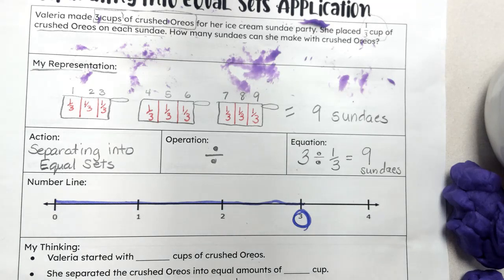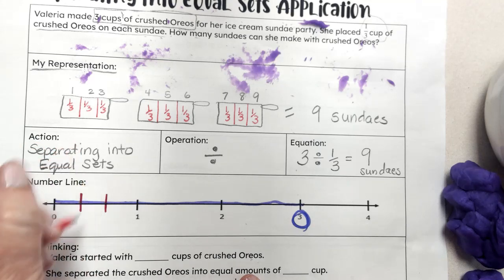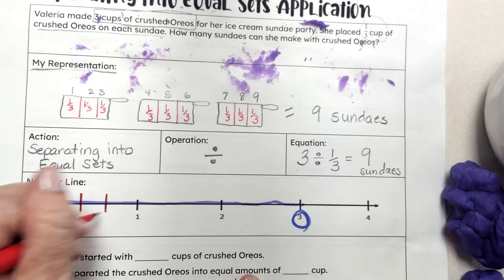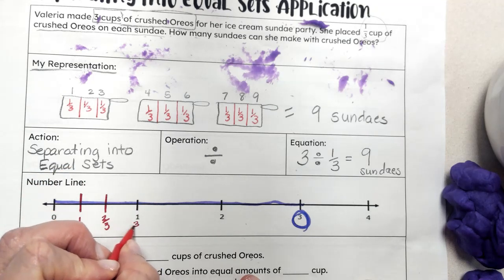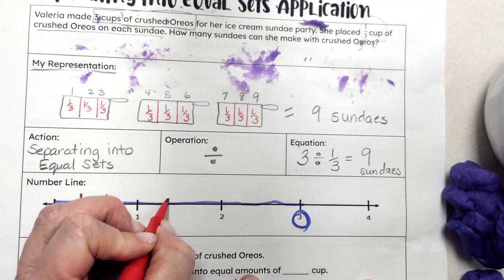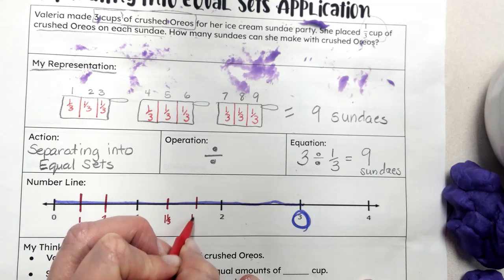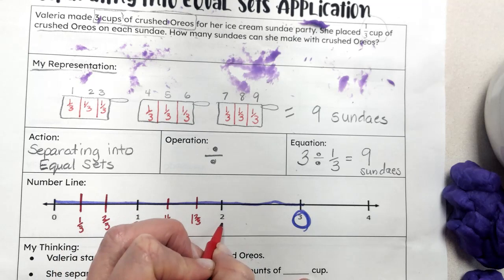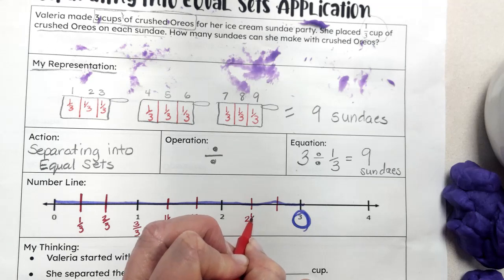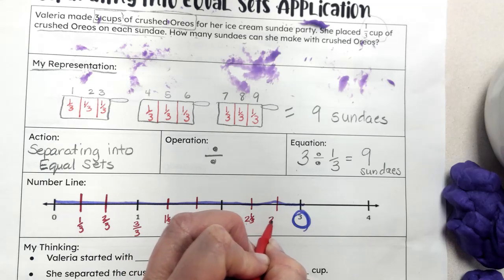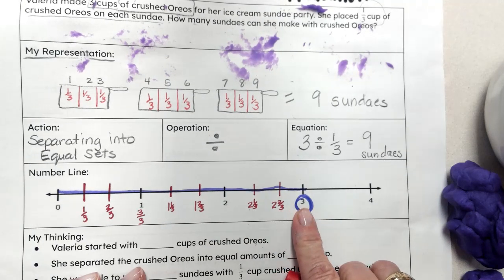And for each cup, we partitioned it into 1/3 servings. So we partitioned it into 1/3, 2/3. So those were each servings. 3/3 partitioned. And that gets me all the way to 3 cups.